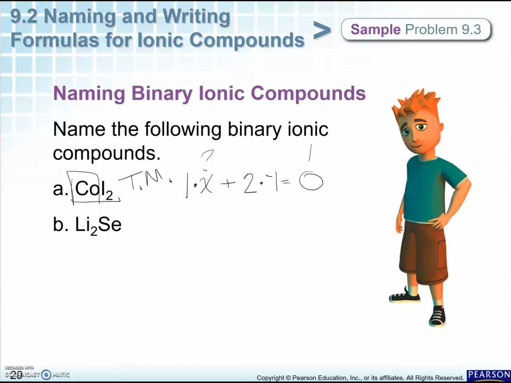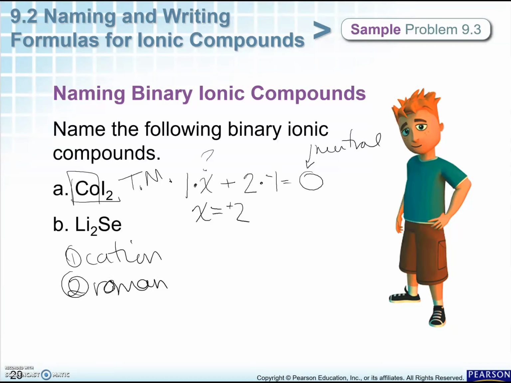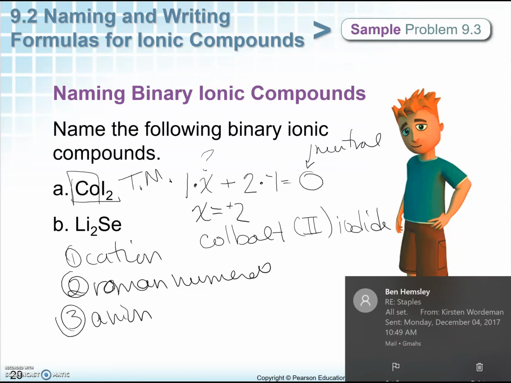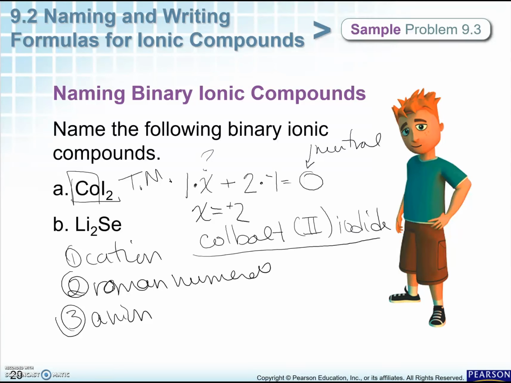And once again, that's always going to equal 0 because it is a neutral compound. So if you were to solve for X, X would equal a +2. So whenever we write this, we're going to first write our cation, then our Roman numeral, then the anions. You would get cobalt(II) iodide.